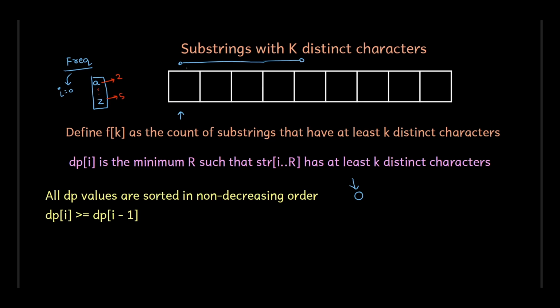This part you can do via brute force. You start from here, keep going right, and then you find the R that you are looking for.